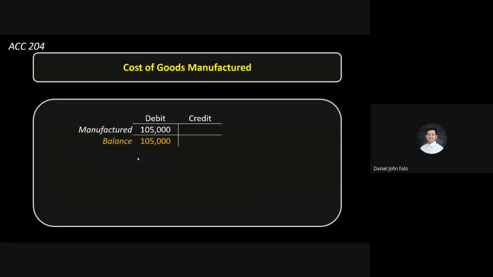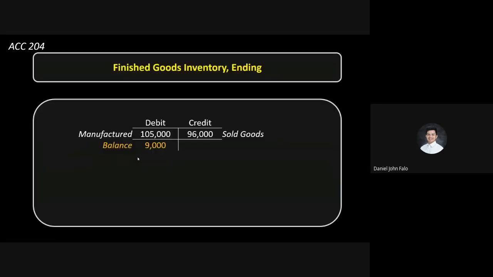Next, cost of goods manufactured. I think this is easy because it is given. So the balance of the cost of goods manufactured is 105,000. For the finished goods inventory, you simply deduct the cost of goods sold of 96,000 from the amount manufactured.